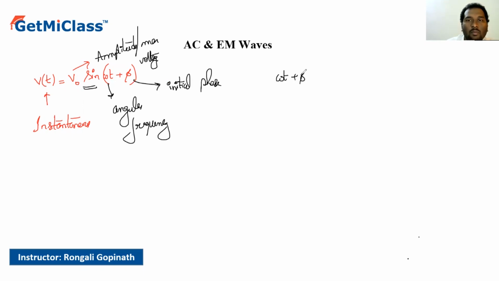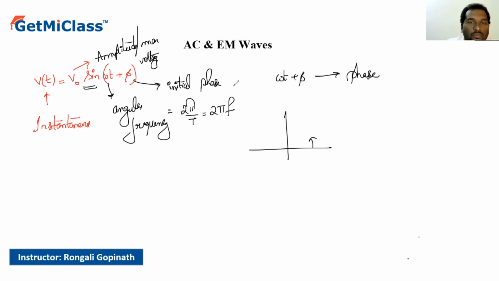This omega t plus phi together is called the phase of the voltage, because omega t is always measured with respect to the reference value, that is the x-axis. Right? Now this omega is angular frequency, which can also be written as 2 pi by T or 2 pi f. Anything will work.